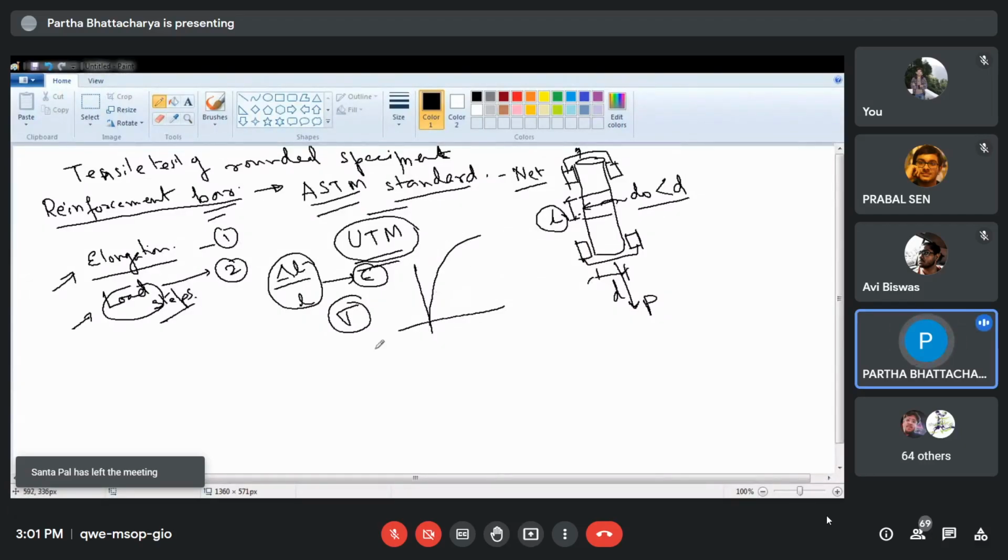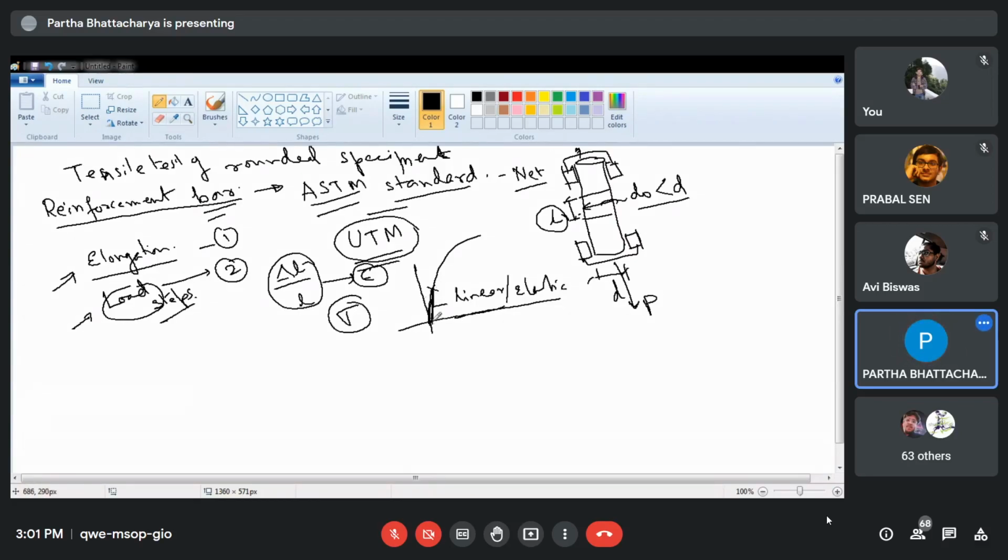The important material characteristics that we are supposed to learn from these test curves are up to the point where the curve is more or less a straight line. So this is the linear zone or elastic zone.